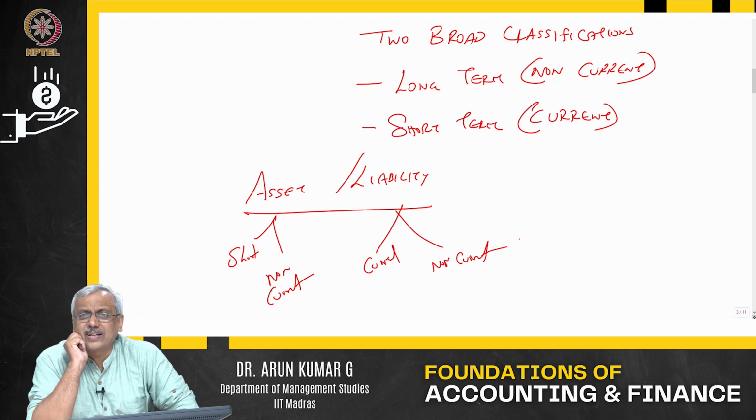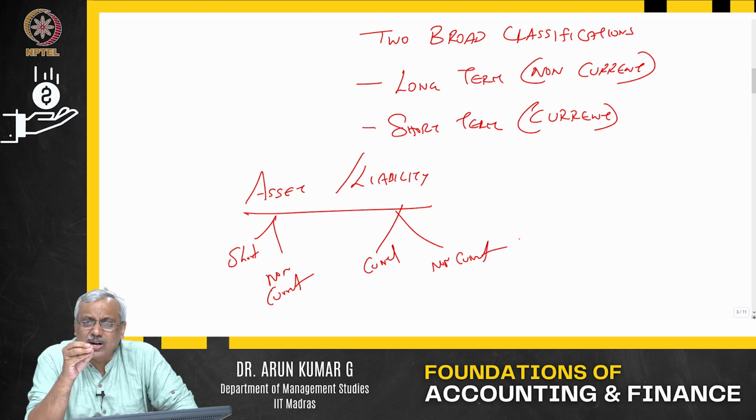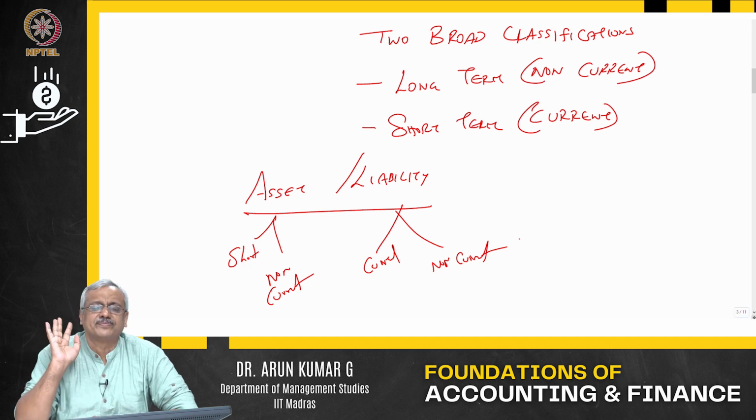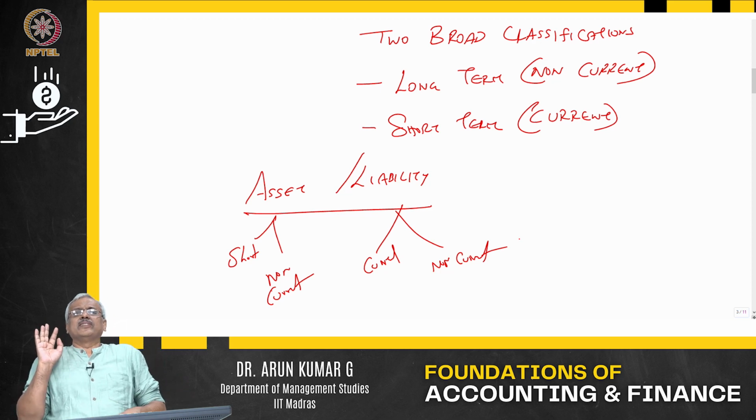Now, what is the difference between current and non-current? Any liability which is due in the short term, usually within a period of a year, is classified as current liabilities.